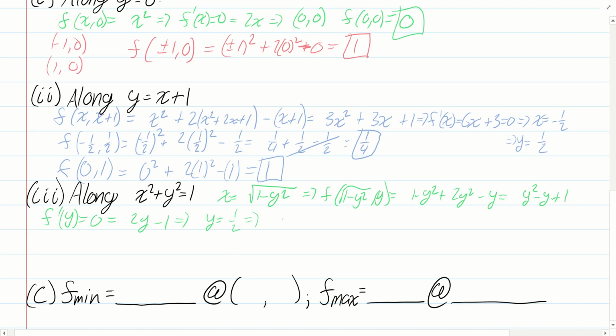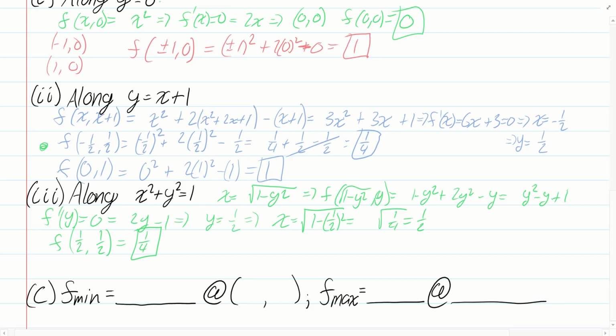Which then implies x equals, and you can plug it in, but I know it's going to end up being 1/2. Square root of 1 minus 1/2 squared is going to equal square root of 1/4, which then equals 1/2. And then f of 1/2, positive 1/2. Earlier we calculated this right here. This is going to end up being the same thing, so that's equal to 1/4 as well, because I know that we're squaring the negative 1/2 x.